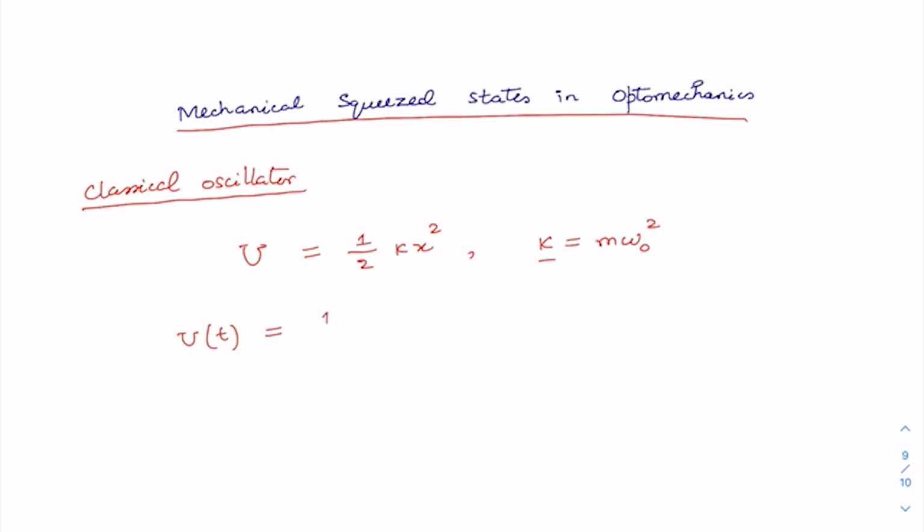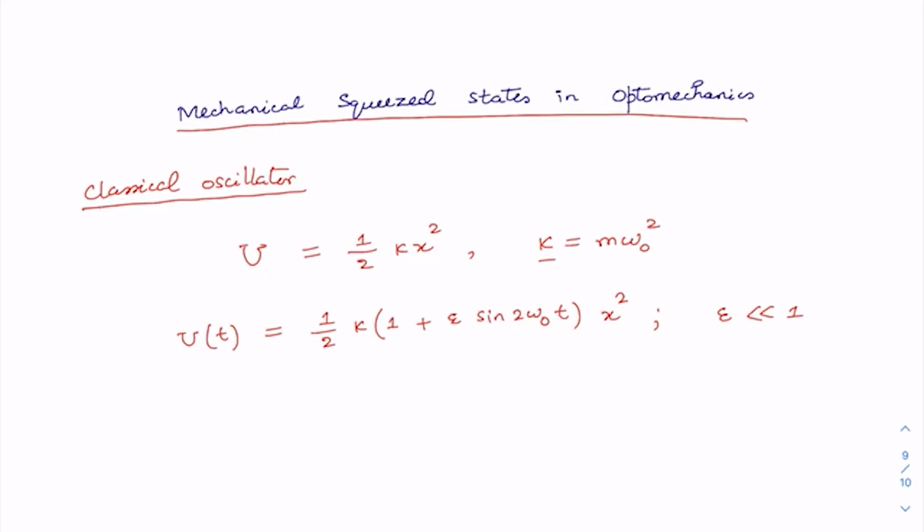So I will have this potential energy function as half k, where k is the spring constant, modulated by this amount, 1 plus epsilon, a small quantity, epsilon into sine twice omega 0 t, and we have then x square also. Here epsilon has to be a very small quantity.